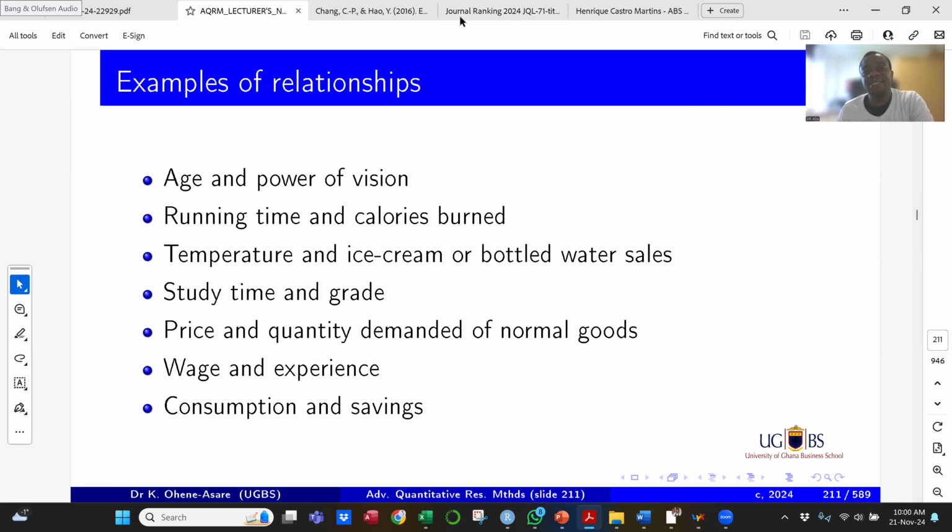So what is the relationship? Yes, it's sight. What is the relationship? Positive. Positive. Good. It looks like your network wasn't that good.